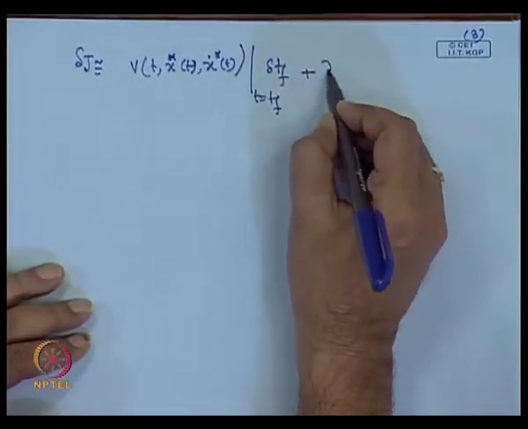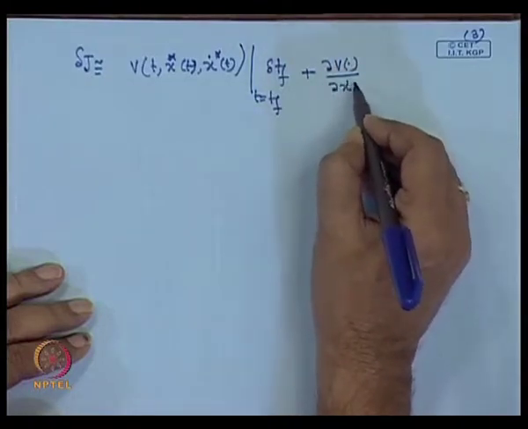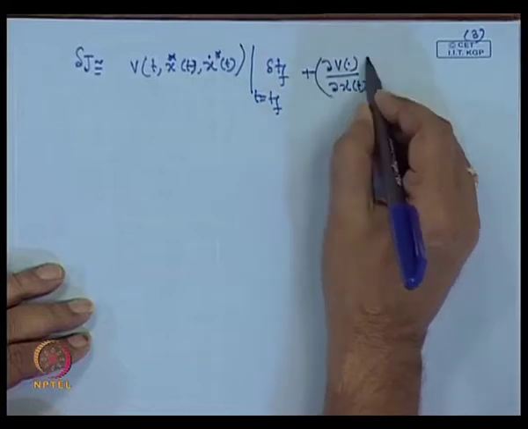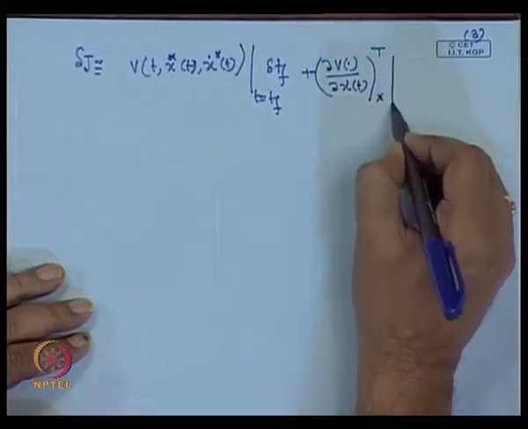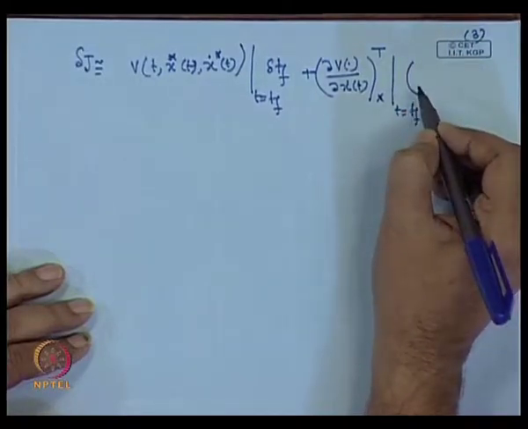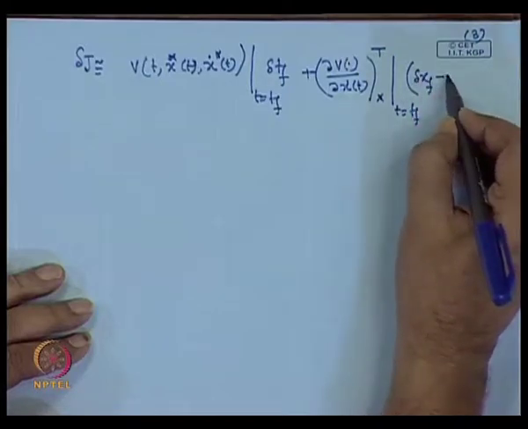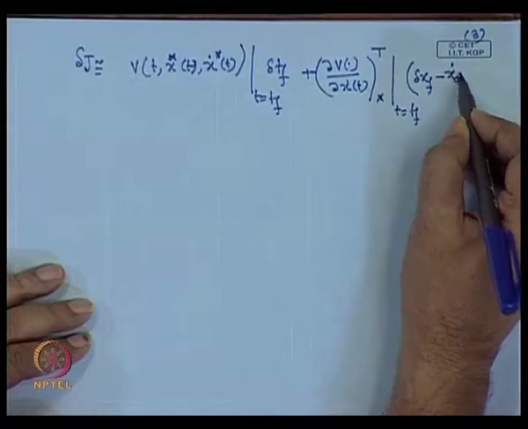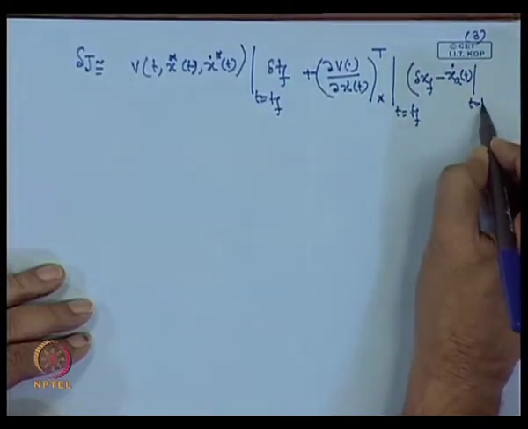The second term of the first part we will write as it is, and in the second part we replace delta x(T_f) with delta x_f minus x_a dot of t at t is equal to T_f.